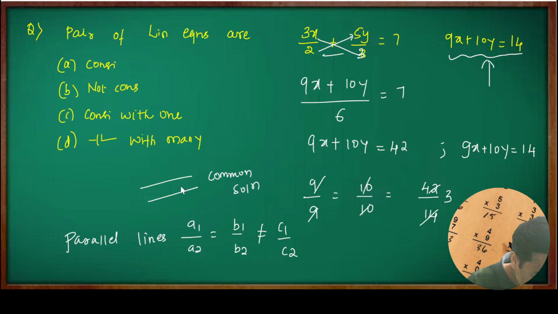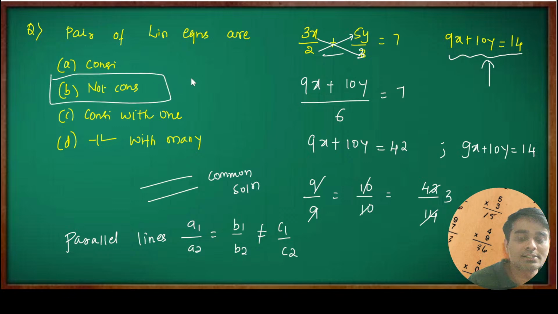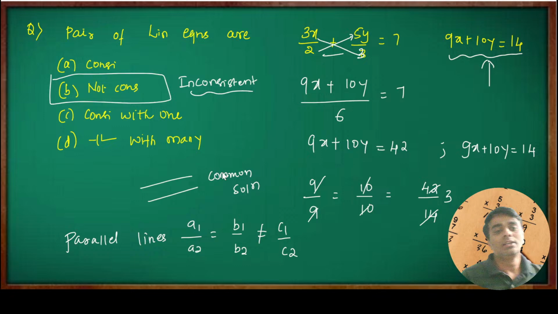So you can select option B here. They are not consistent. Parallel lines will not be consistent. So you can also write this as inconsistent. Sometimes they will give the word inconsistent also. So not consistent or inconsistent. Like this you can do this.